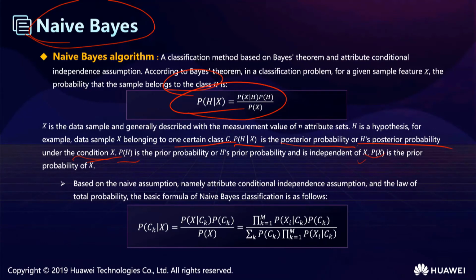For example, in the weather case, we can get that the probability tomorrow's temperature is above 25 is 14%. And if the temperature is above 25, there will be 8% sunny.